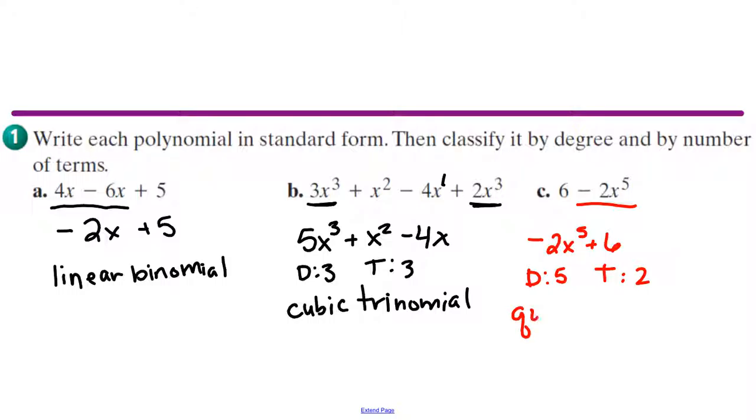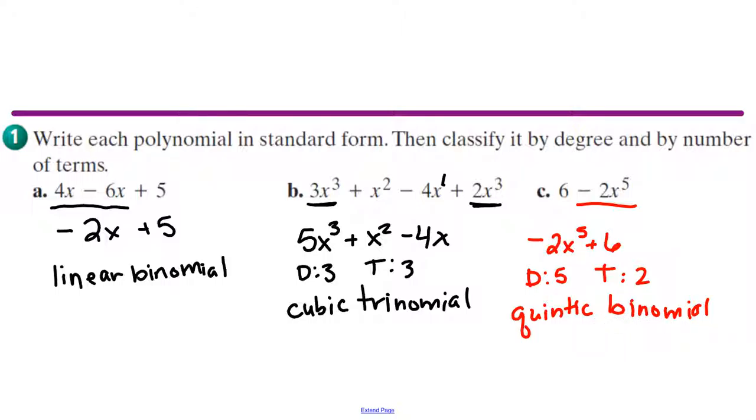So this is a quintic binomial. You do need to give it this formal name. It's not a bad idea to identify how many degrees and how many terms you have to help name it properly, but at the same time, you have to have this official name.